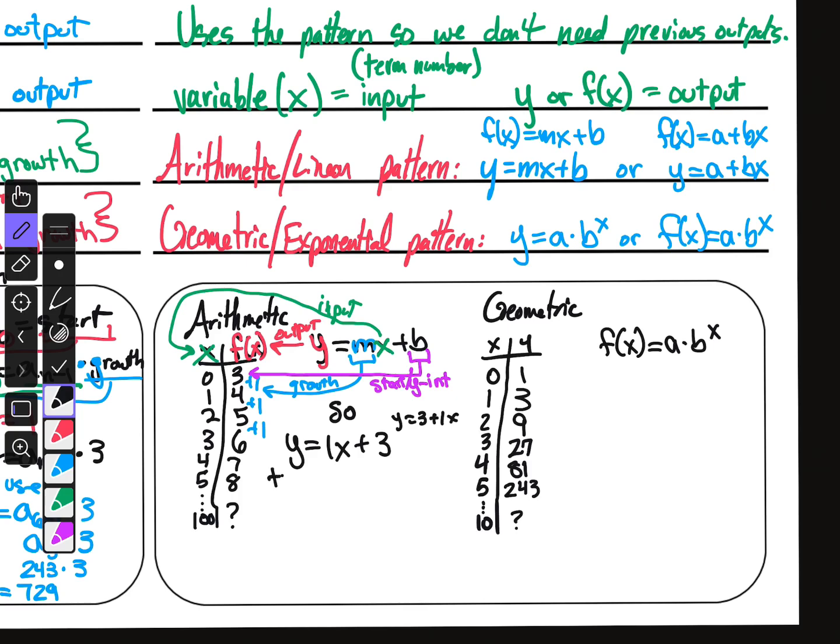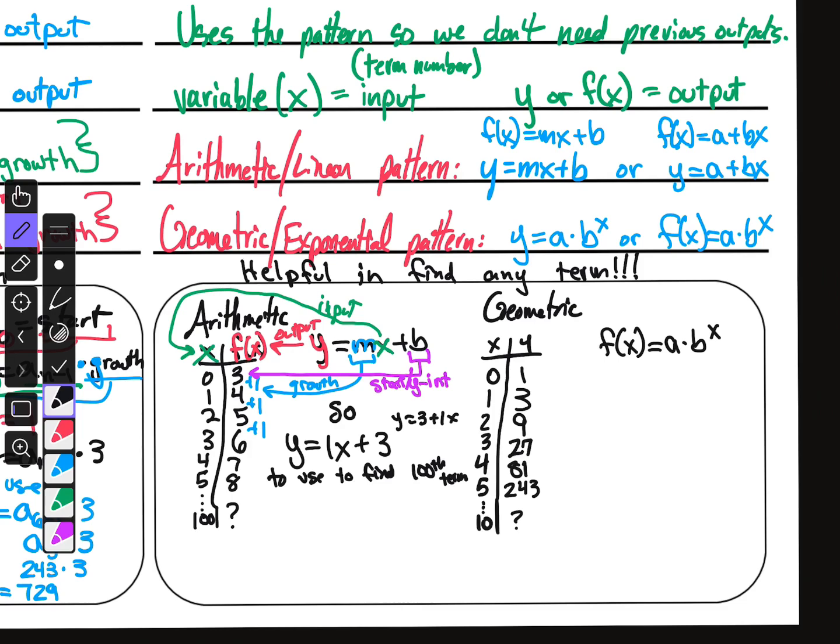Okay, now if we want to use it to find the 100th term, which we couldn't really do with our recursive, the explicit is helpful, critical really, in finding any term. The way it's set up, it allows us to find any term.